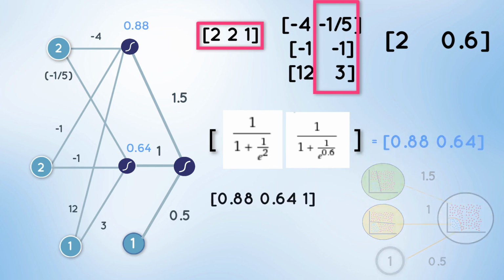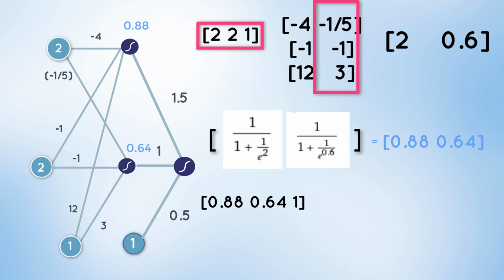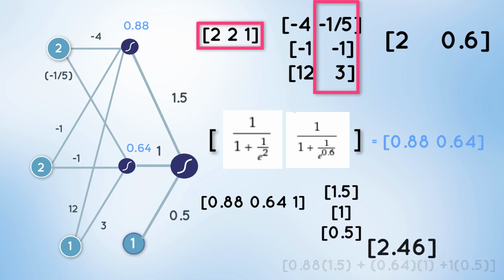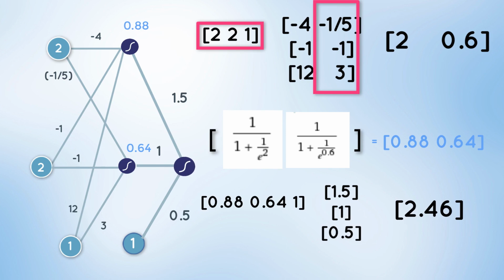So now, continuing with our equation, we have to multiply our probabilities from the first layer with the second set of weights, and don't forget to include the bias value which we have in each layer. Multiplying this to the set of weights 1.5, 1, and 0.5, this results in a final score of 2.46. Taking the sigmoid of this gives a probability of 0.92.